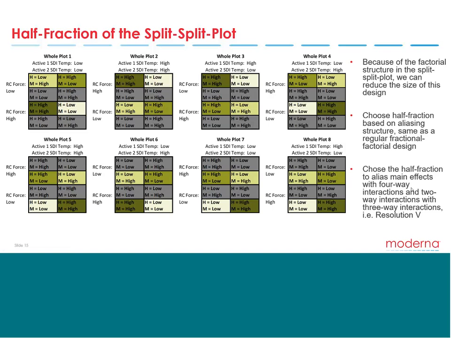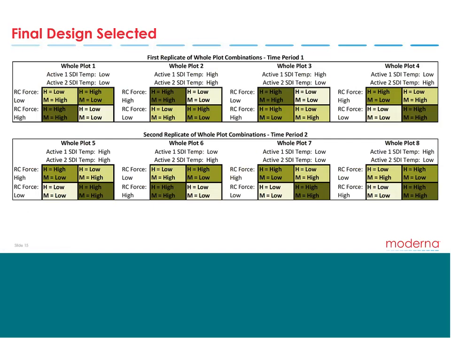And this is still what we call a resolution 5 design, where we can estimate all main effects and two-way interactions without any confounding of the terms. So what we ended up with, and this was the experiment that was run, the final design that was selected, was basically 4 runs for each whole plot all the way through the process.